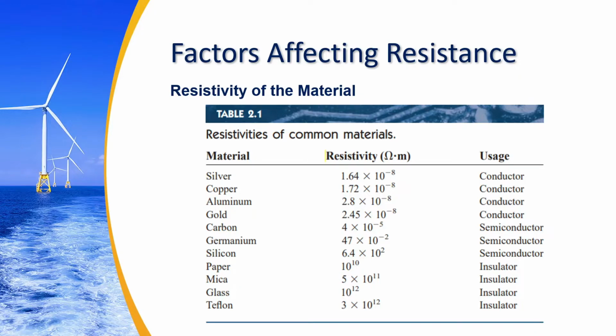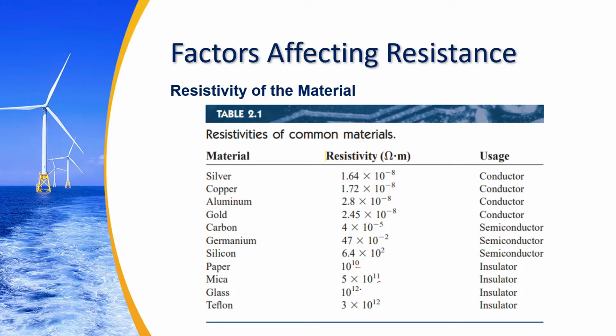Okay? Pansin nyo, yung may pinakamaliit na resistivity, conductor yon. Ibig sabihin, malaki yung possible na daluyan siya ng kuryente. Unlike kapag masyadong mataas yung resistivity, naka 10 raised to 10, 11, 12, ang tawag sa kanila, insulator.